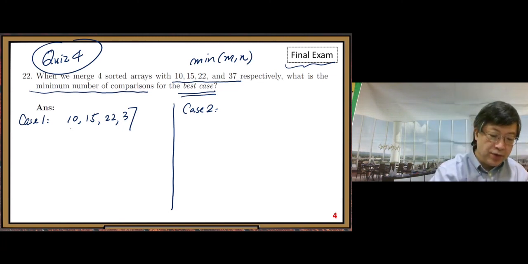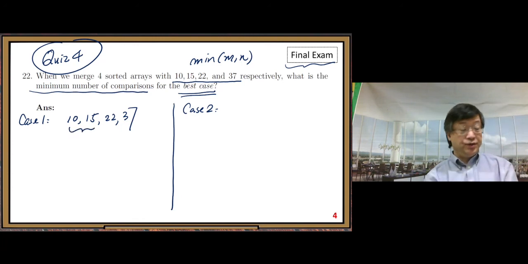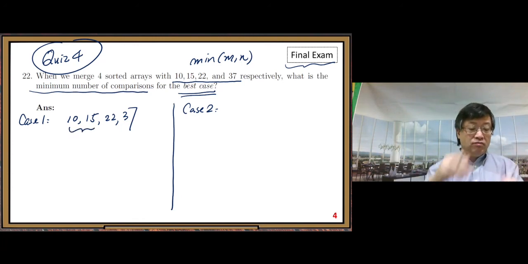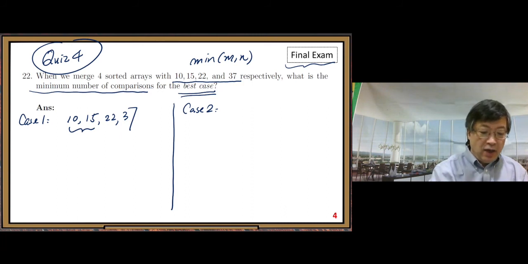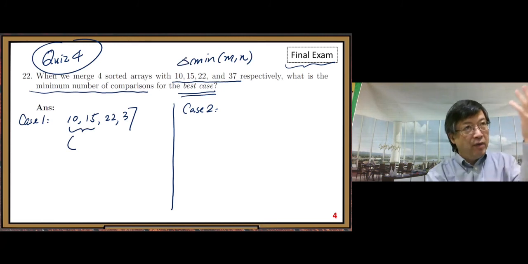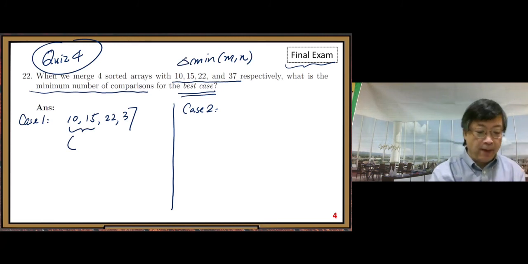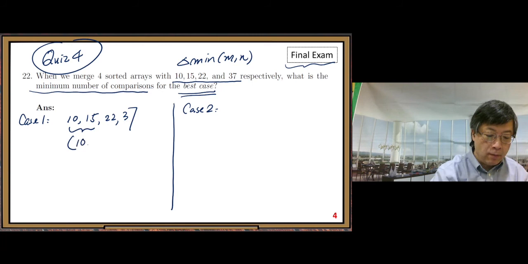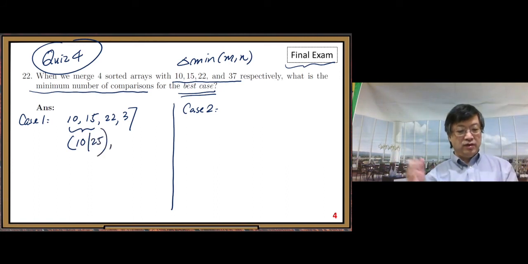We merge these two with the smallest possible sizes. When we merge, apply the formula, the number of comparisons in the best case is 10, and the size is 25. Let me still use that notation. Vertical bar 25. The first time we merge, we get 25.